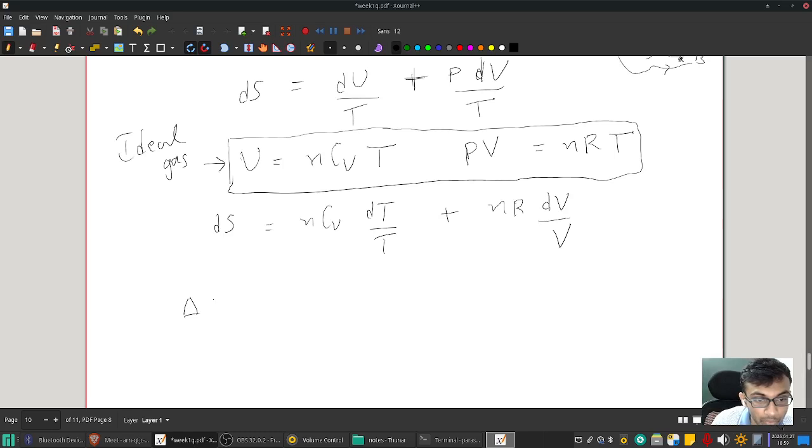So if we want delta S, that would be the integral of this expression.